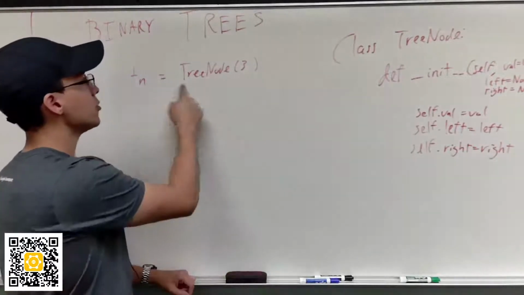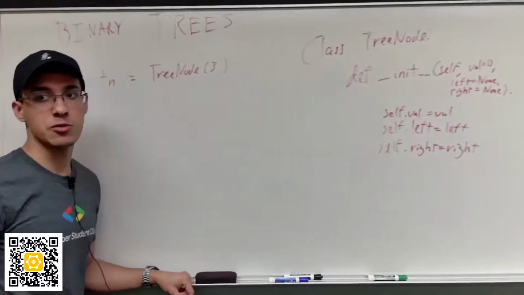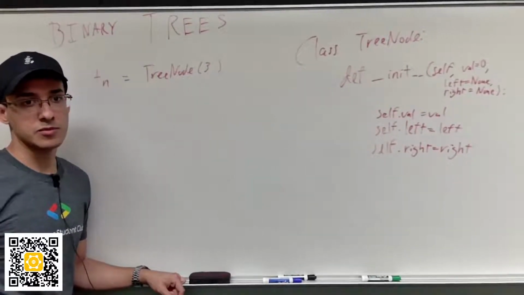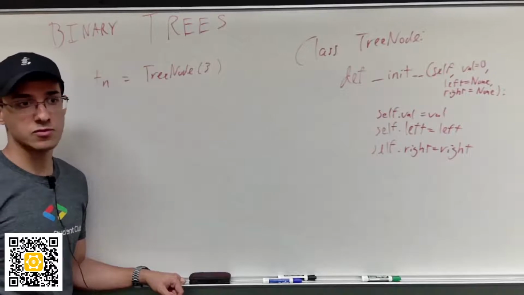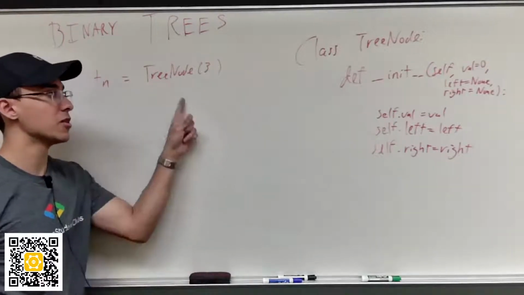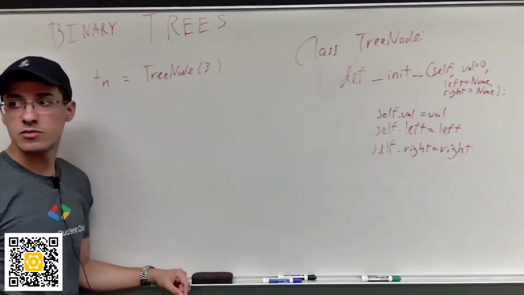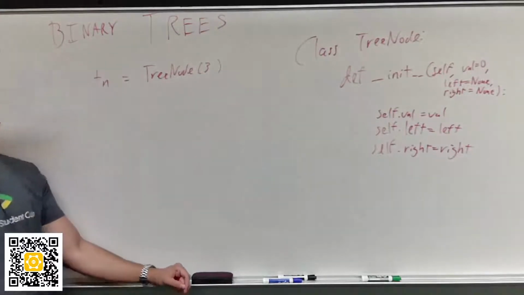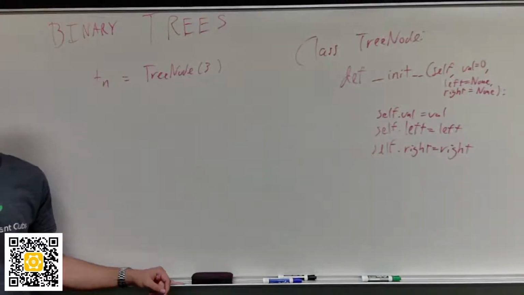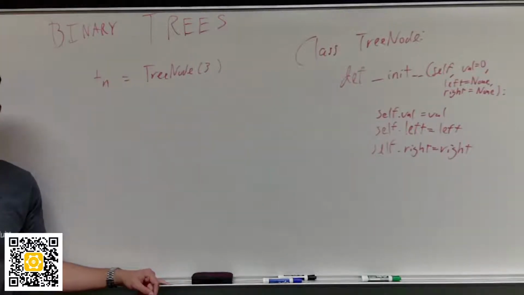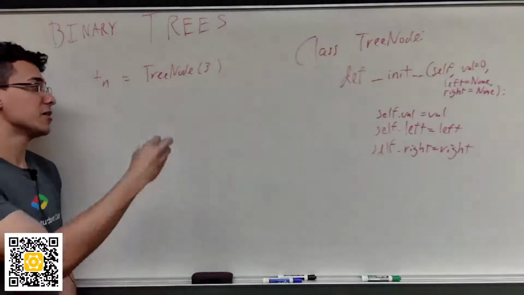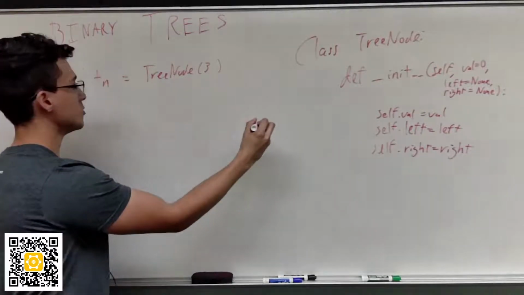And so if I do this, what does that look like conceptually? For those that have exposure, how would I draw this? You would have one node, one tree node, right here.